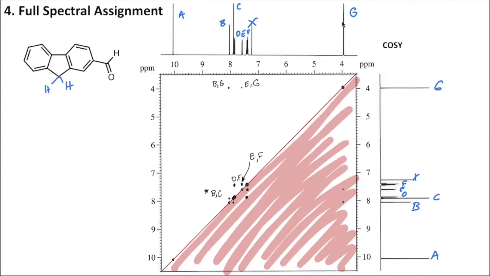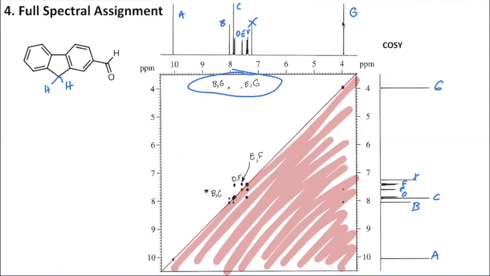We can see that G has a couple of cross peaks that show a correlation between it and B and E. So B and E are probably pretty nearby to those G protons. If that's the case, we want to be thinking about them probably being here or here on our structure. I'm not going to make any formal assignments at this point, but that's the way we want to start thinking about what this COSY might tell us.